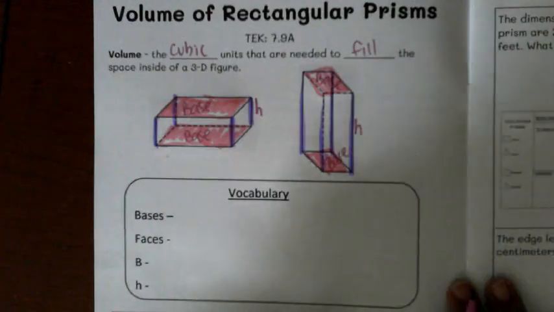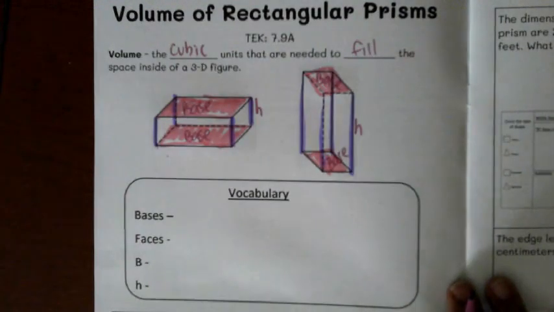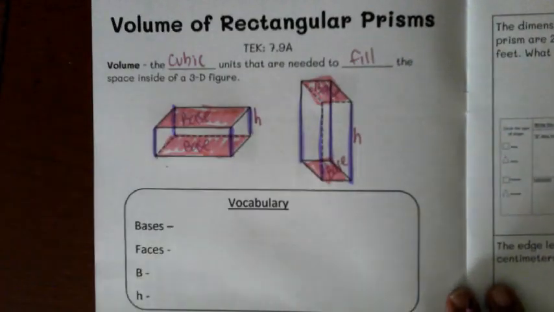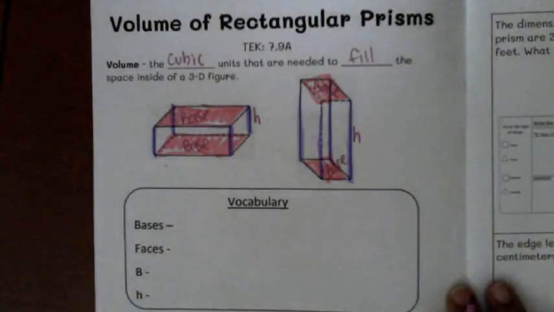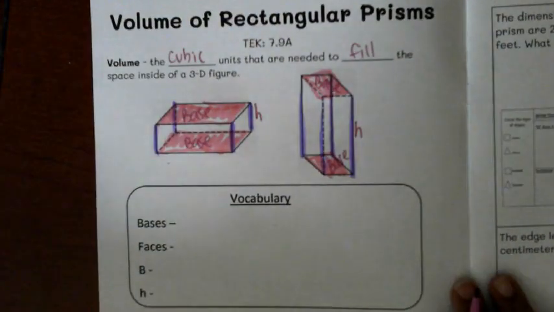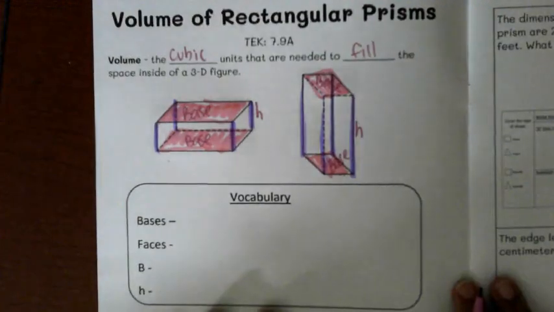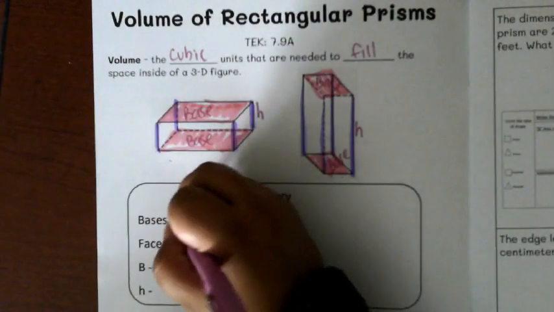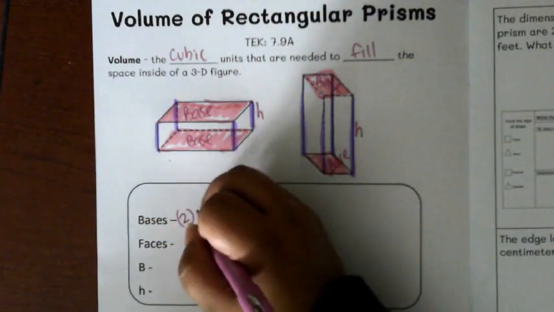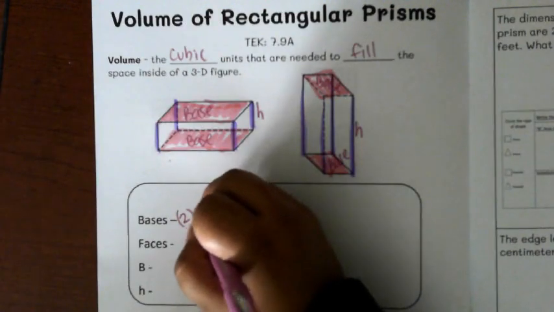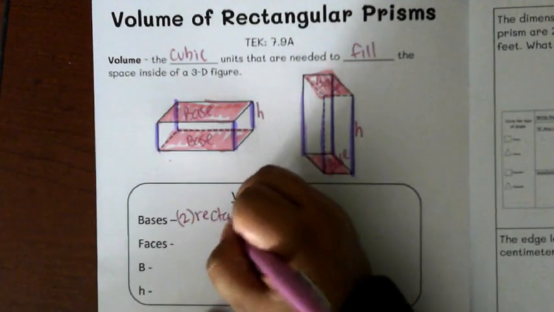Let's look at the vocabulary, okay? So here the vocabulary is going to be that for the bases in a rectangular prism, there are two, okay? And these two bases are going to be in the shape of a rectangle, okay?